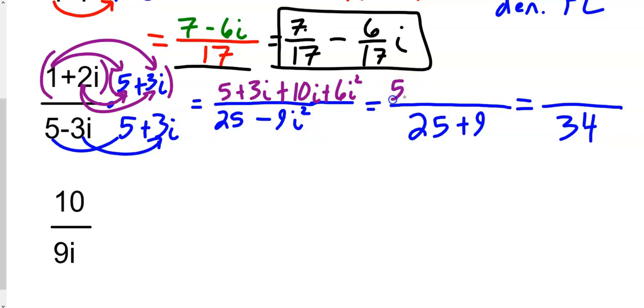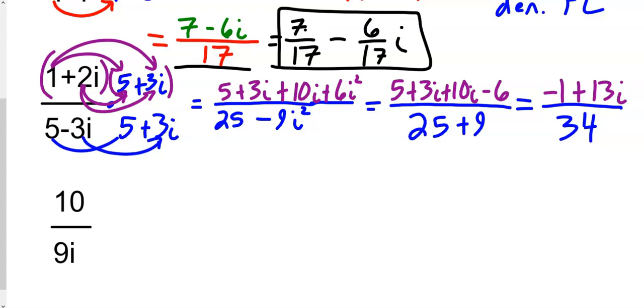So really in the top, we have 5 plus 3i plus 10i minus 6. And all you do is, again, put your like terms together. 5 minus 6 is negative 1. 3i plus 10i is a positive 13i. And is there any reducing? No. If you wanted to separate them out into the complex number standard form, it'd be negative 1 over 34 plus 13 over 34 i.